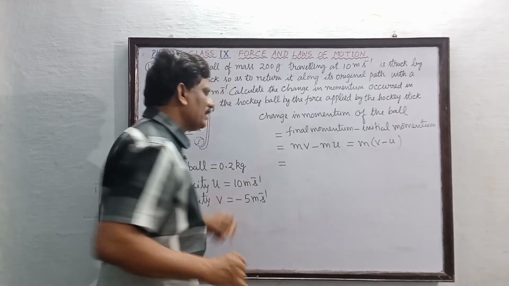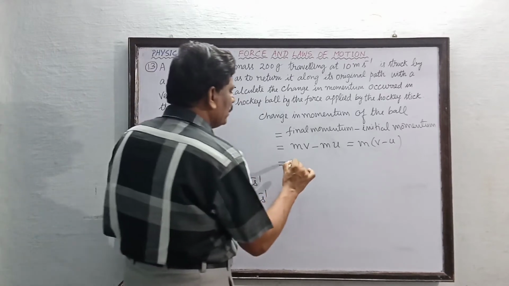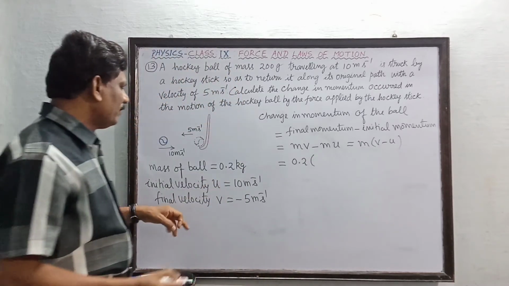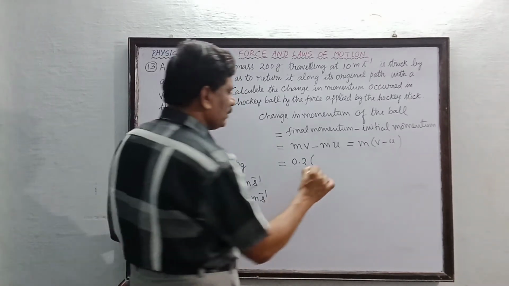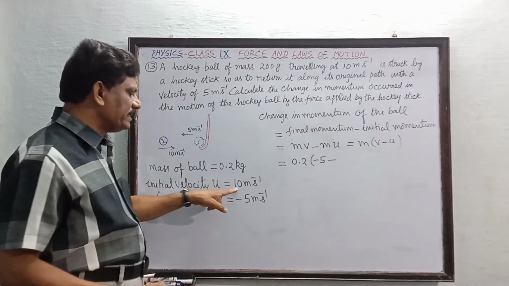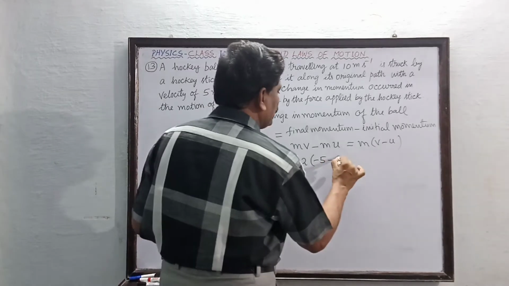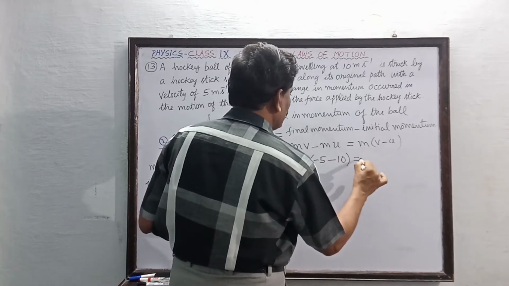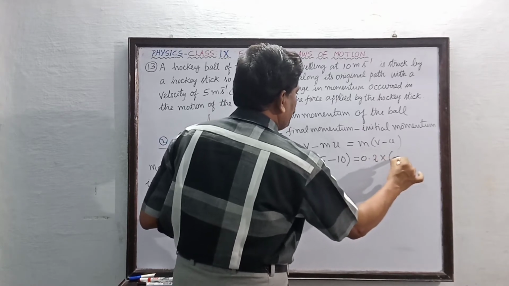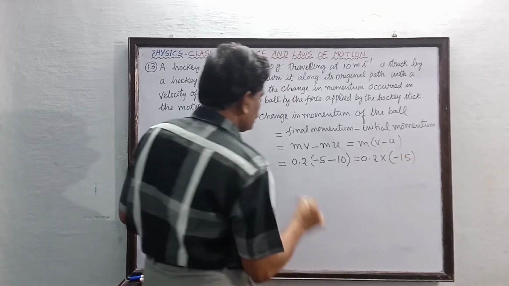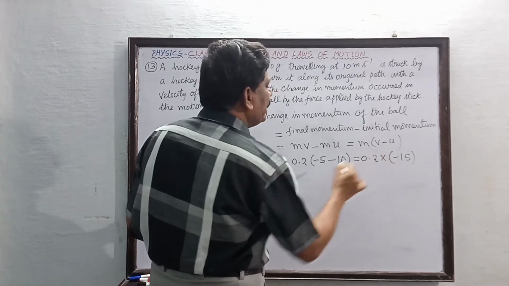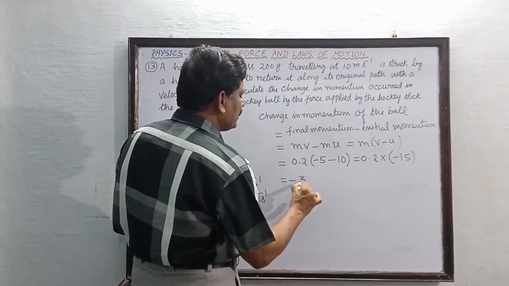So this is equal to mass of the ball, 0.2 kg, so it is 0.2 into final velocity, minus 5 meter per second, minus initial velocity u equal to 10 meter per second. So this is now equal to 0.2 multiplied by minus 15. 15 into 0.2 is 3, so it is minus 3.